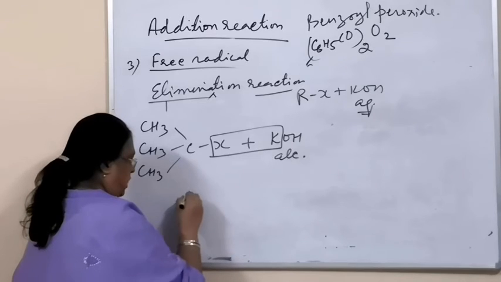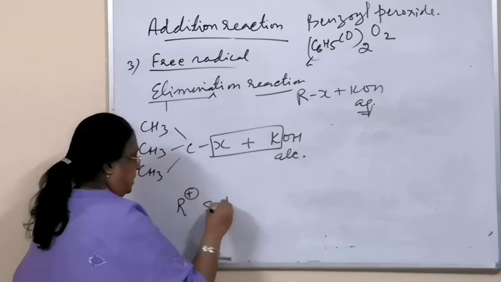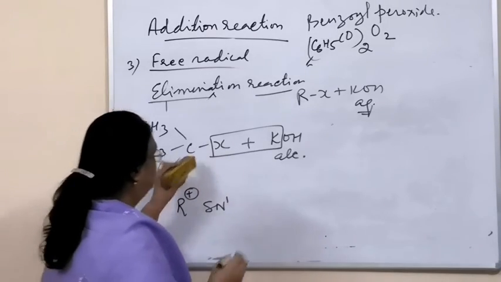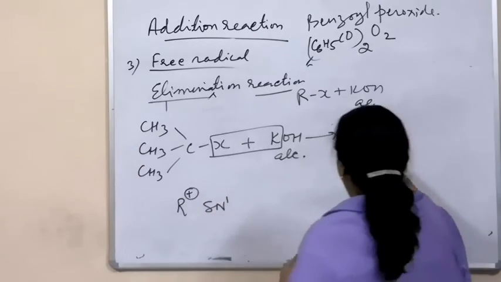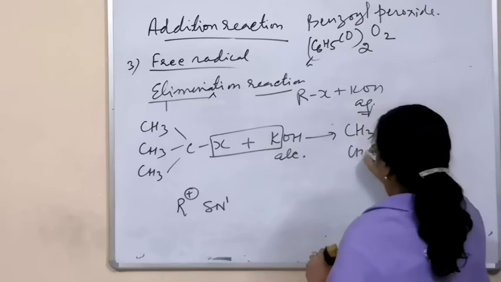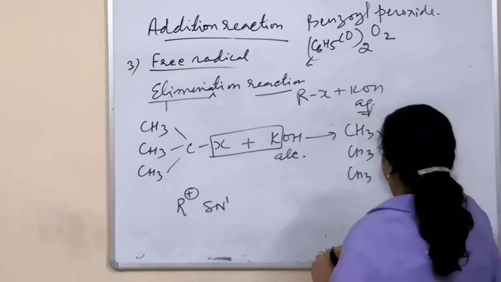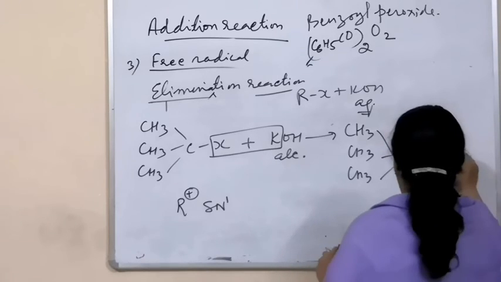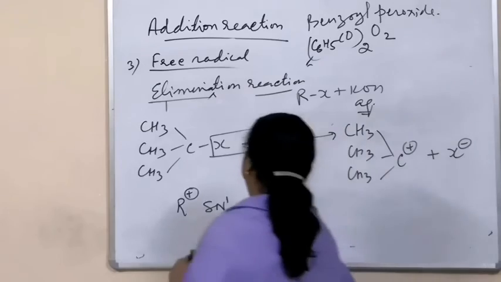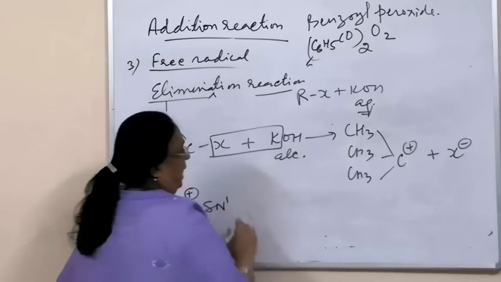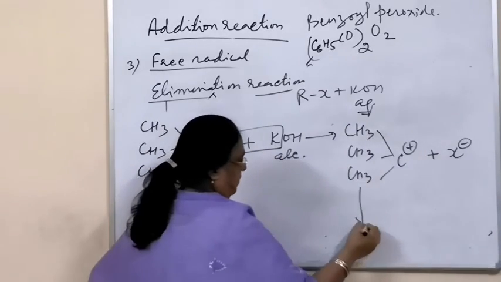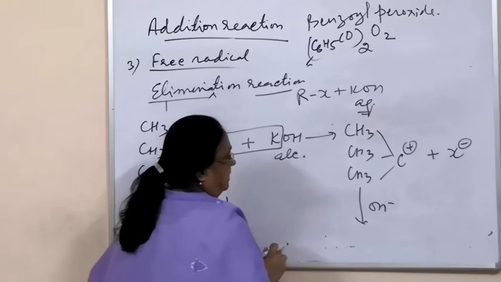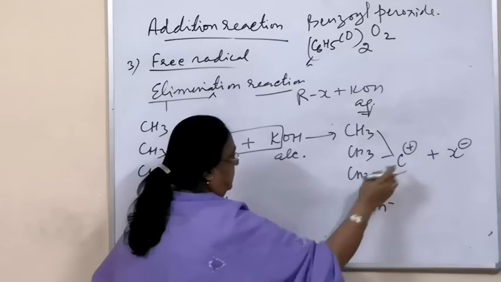So here also a carbonium ion is formed, like SN1. KX will be forming, the positive charge is generated, CH3C plus, and X is out because of this. So that X will combine with K, and now this part will be combining with OH ion. OH ion is a nucleophile, and so this will be attacking this.